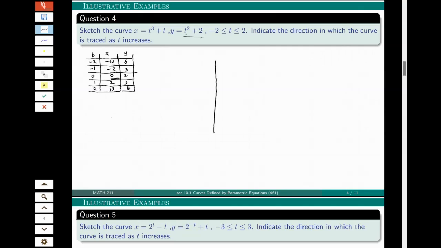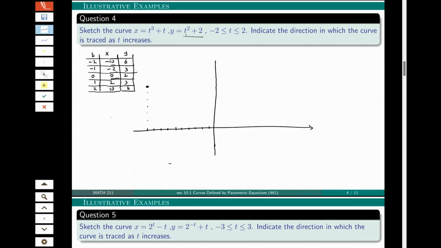So going to the xy plane, we started with x is minus 10. This is minus 1, minus 2, minus 3, 4, 5, 6, 7, 8, 9, 10, and y is 6, that will be 1, 2, 3, 4, 5, 6.